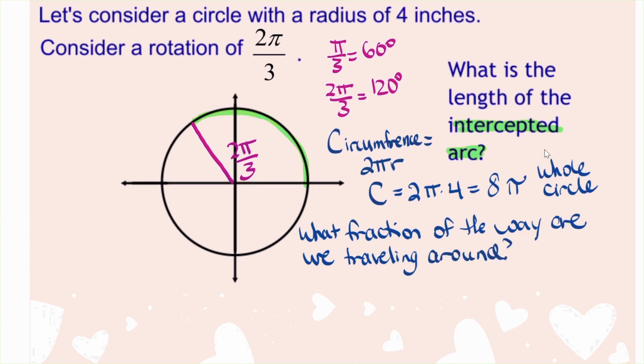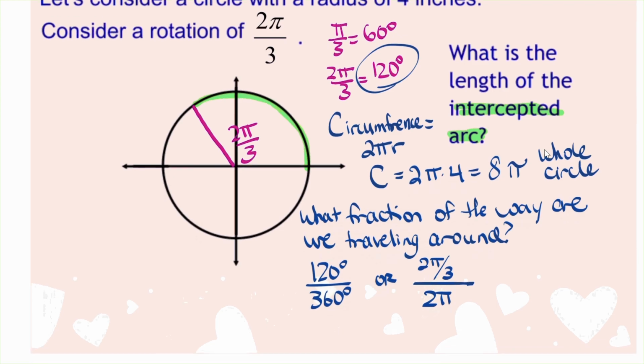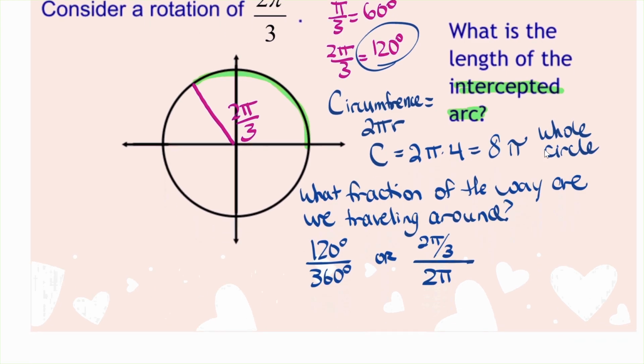You can consider that question in degrees or in radians. If you're more comfortable in degrees, you'd say, I am going 120 degrees out of a full 360. That's the fraction I'm going. Or you could do it in radians: I'm going 2 pi over 3 over 2 pi, because 2 pi is a whole circle, just like 360.